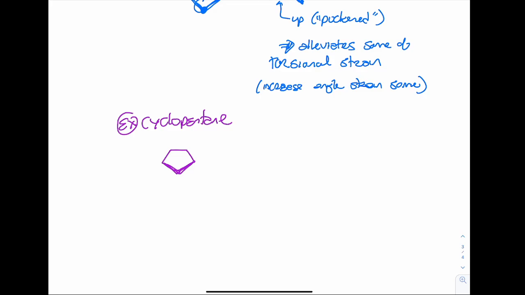And if I was to add my hydrogens, as you would imagine, I have even more torsional strain than I did with cyclobutane or cyclopropane. I have 5 areas on the top, and then on the bottom I have 5 areas also. So lots of eclipsing bonds.